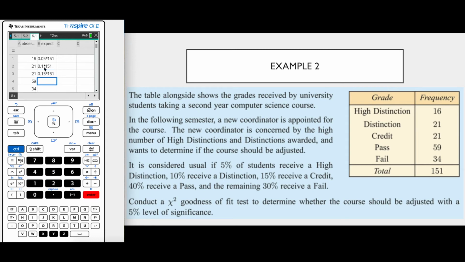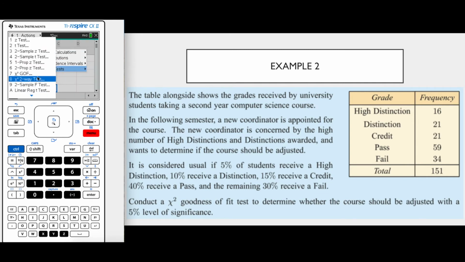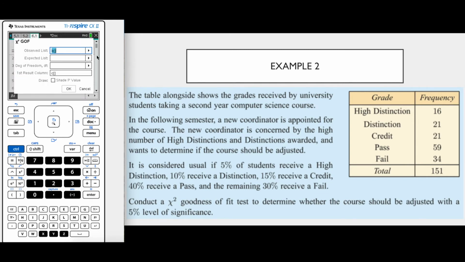The next one is 40%. And then the next one is 30%. Good. Once everything is inputted, then we're going to go into menu, statistics, stats, test, and we're doing a goodness of fit. Our observed, our expected, and we said our degrees of freedom was 4.